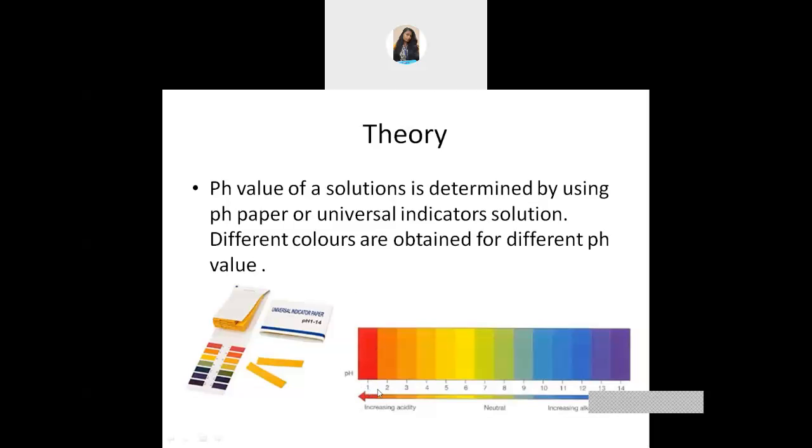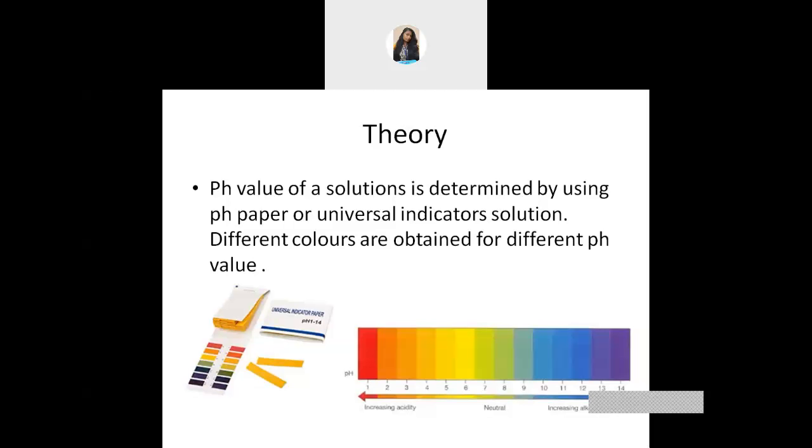So the value of the pH of that solution will be 1, 2, or like that, and then you can say that the solution is acidic in nature.